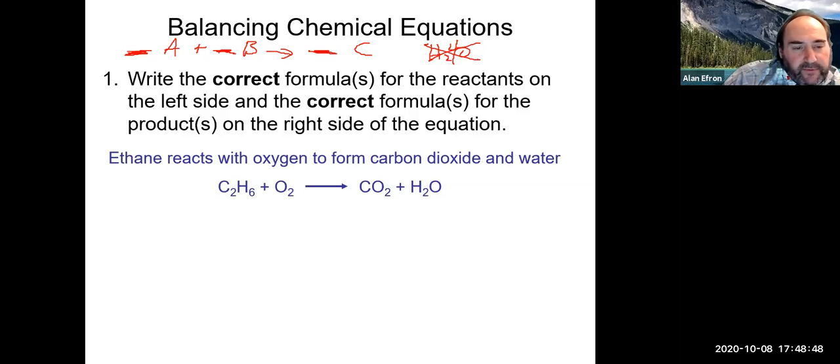Now, there are really 2 main things that have to happen when you properly balance an equation. First off, when it's all said and done, all the coefficients need to be whole numbers. And they need to be the simplest set of whole numbers.